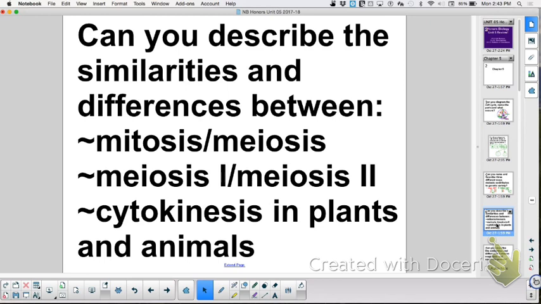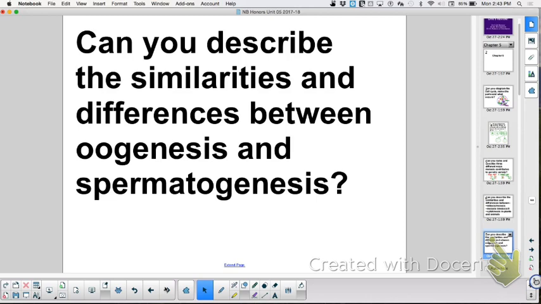Okay, and can you describe the similarities and differences between oogenesis and spermatogenesis? First of all, what are you doing when you're doing oogenesis? Making eggs, and spermatogenesis, you're making sperm. Okay, so now, who's a member of the fallopian swim team? Sperm. So you make millions of them, set them loose, all going, right?